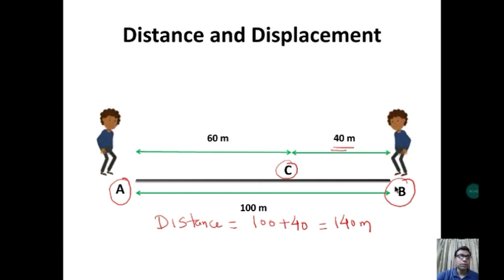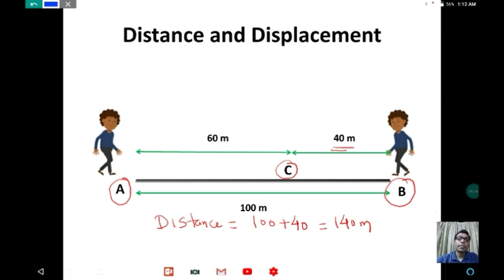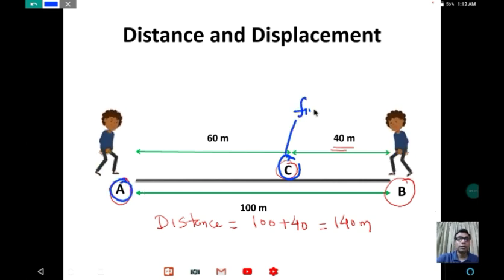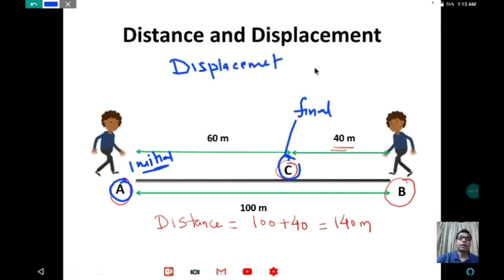So this is the total distance. And what about the displacement? If we are talking about the displacement, it is from C to A. The final position here is this, and this is the initial. So from the initial and final position, we get the displacement as 60 meters.